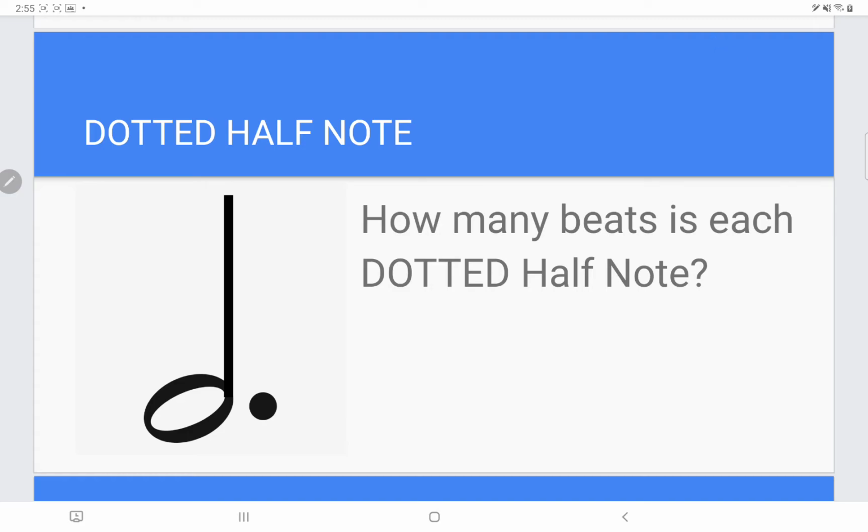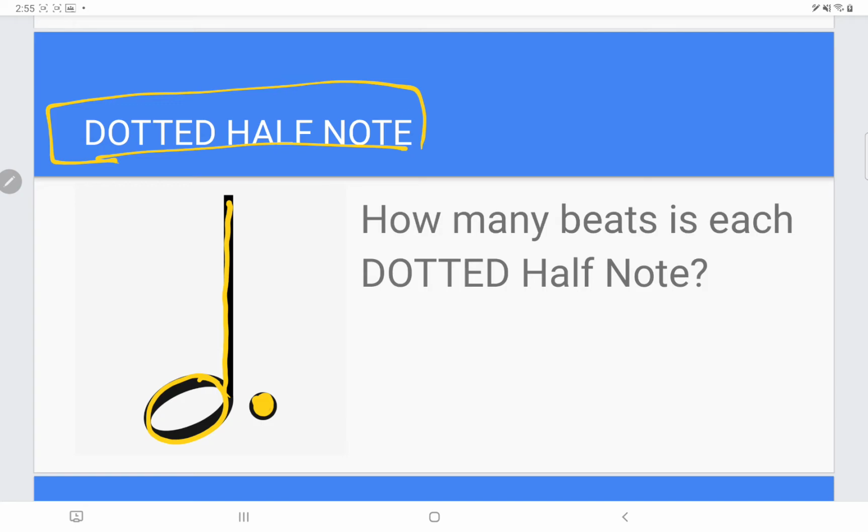Now, this next note is a dotted half note. Now, the dotted half note is similar to the regular half note, except they've added this dot here on the side. Remember, if it's in yellow, scholars, that's what you should have written down in your notes.